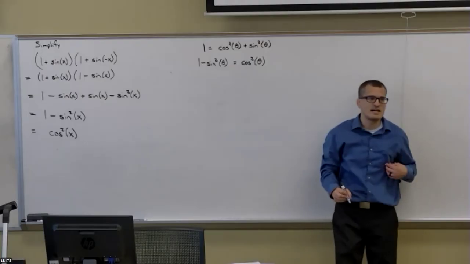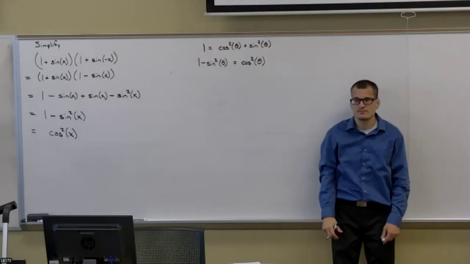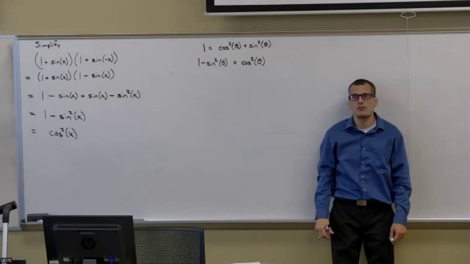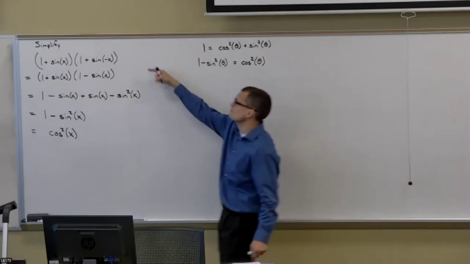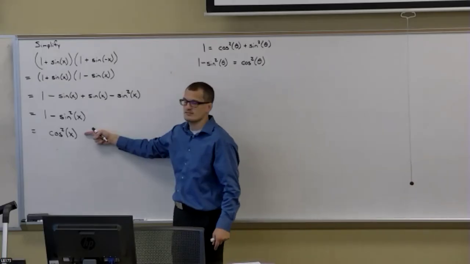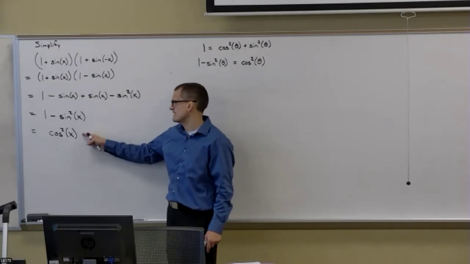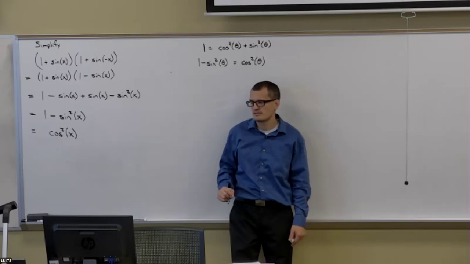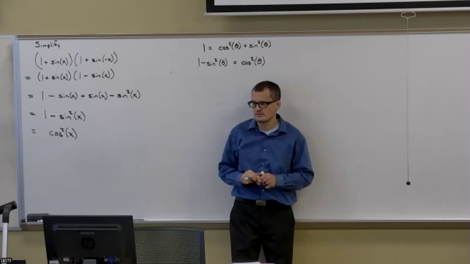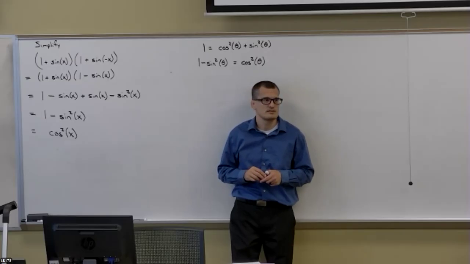So 1 minus sine squared is the same thing as cosine squared. So if I want to simplify as much as I can, this expression is just cosine squared of x. I can't really break it down further than this. That makes sense?